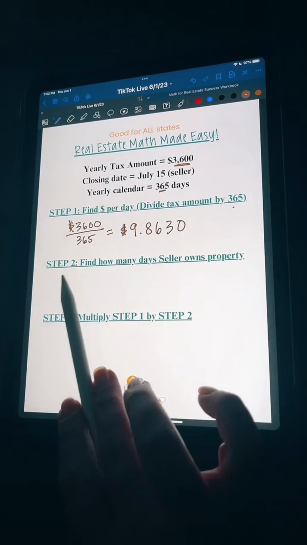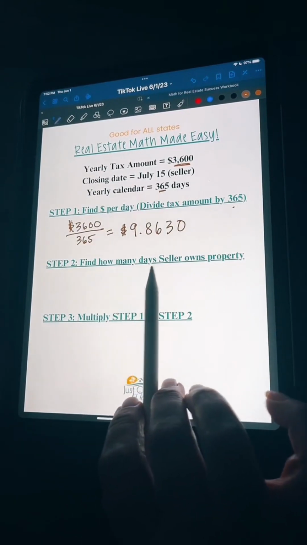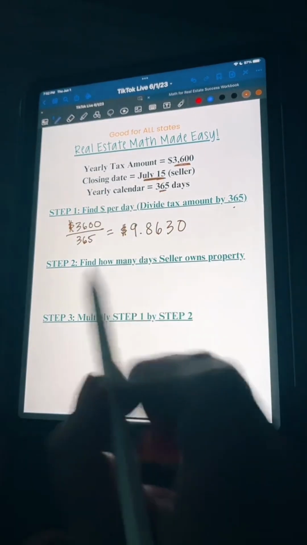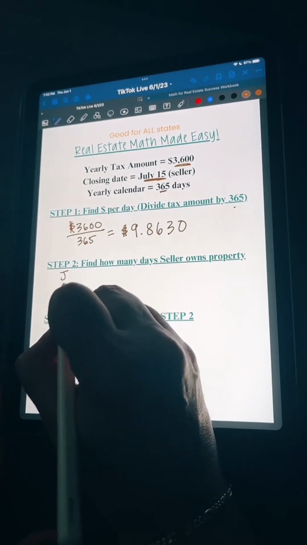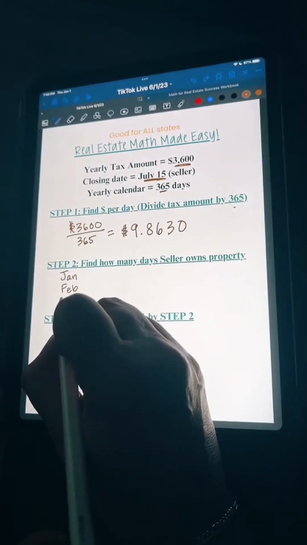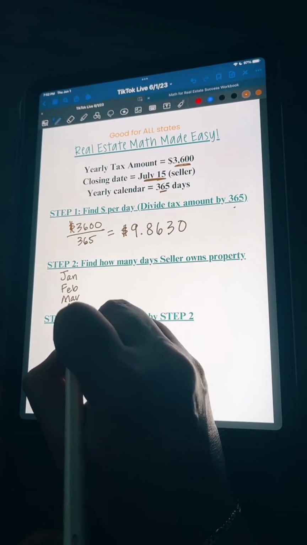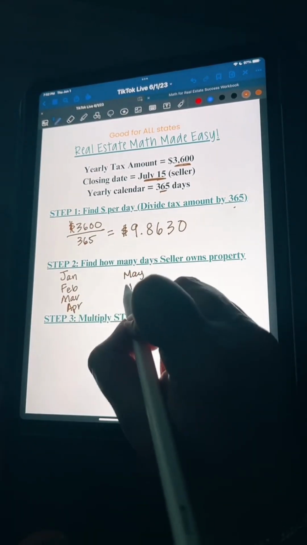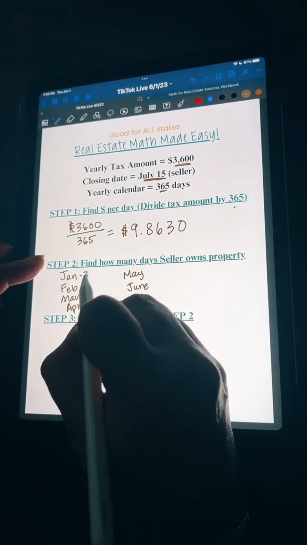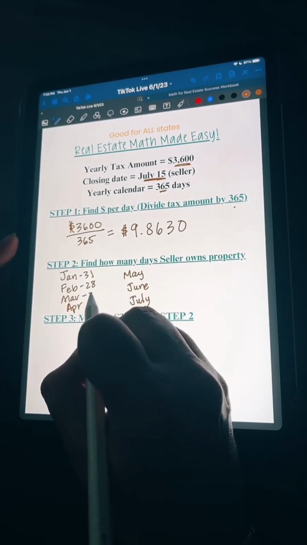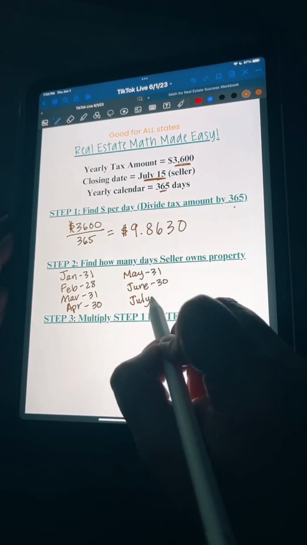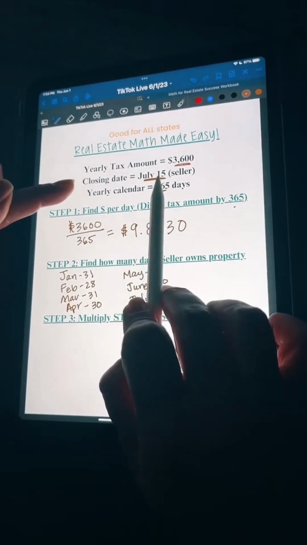Okay, the next step is now I have to find how many days the seller owns the property. So if the closing is July 15, that means I have January, February, March, April, May, June, and July. January has 31 days, February has 28, March has 31, April has 30, May has 31, June has 30, and then July is the month of closing.